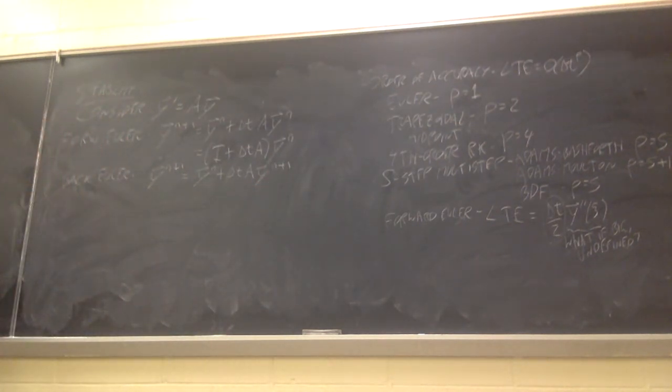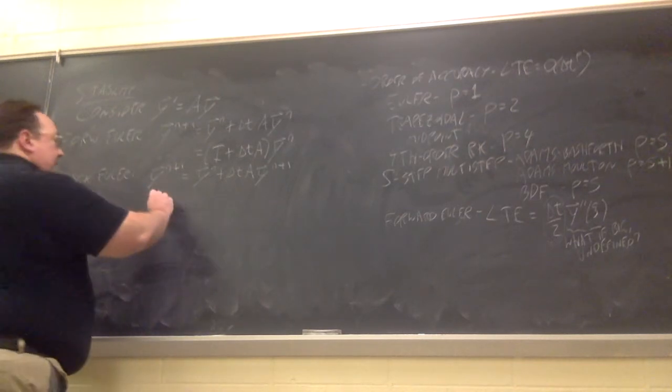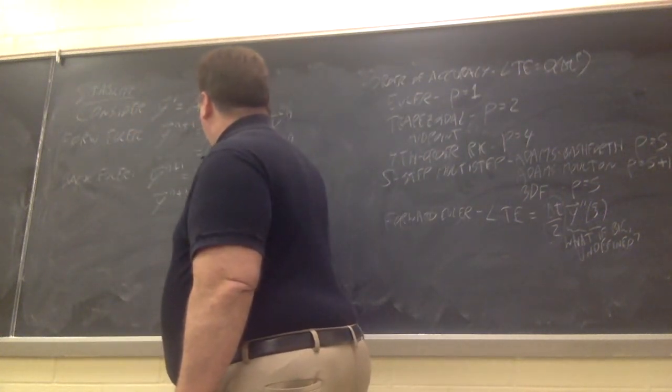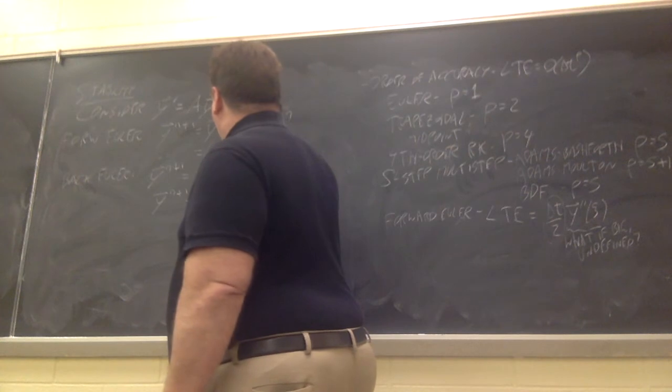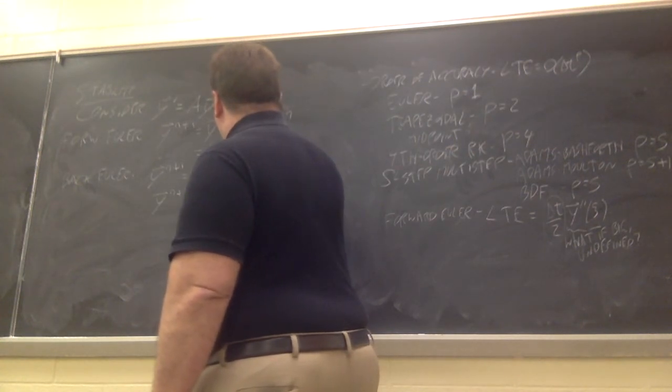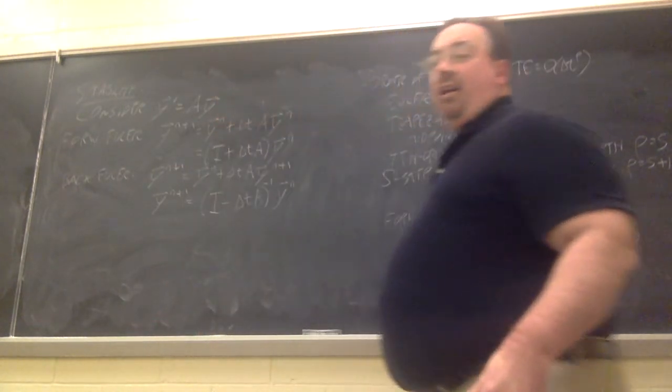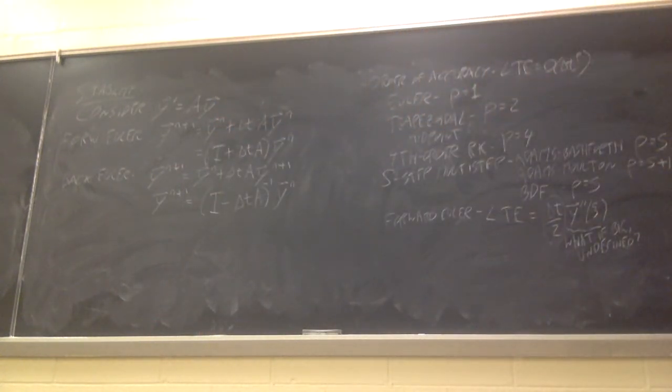So what I can do is rearrange this and solve for Yn plus 1, and it would turn out to be identity minus delta t A, inverse, times Yn. I glossed over the algebra, but that's something you can convince yourselves of. Really, I just took that last term, moved it to the left side, factored and multiplied by the inverse matrix.